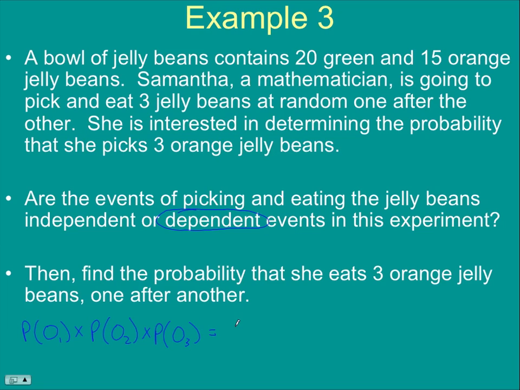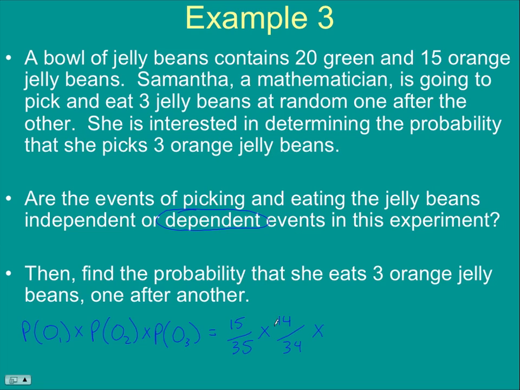So here, the first one being orange, well, there's 15 oranges out of a total of 35 jelly beans, the 20 plus 15. Now, we assume she picks and eats one of these 15, meaning there's only 14 orange ones left, and she ate a jelly bean, so there are now 34 jelly beans.